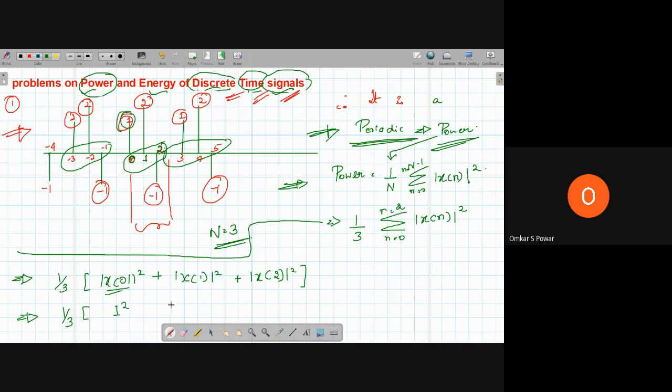So 1 square plus, what is the value of x at 1? The value is 2, 2 square. What is the value of x at 2? Minus 1. So minus 1 the whole square, which is equal to 1 by 3 into 1 plus 4 plus 1. So this value is equal to 6 by 3, which is equal to 2. So the power of the given discrete time signal is 2.